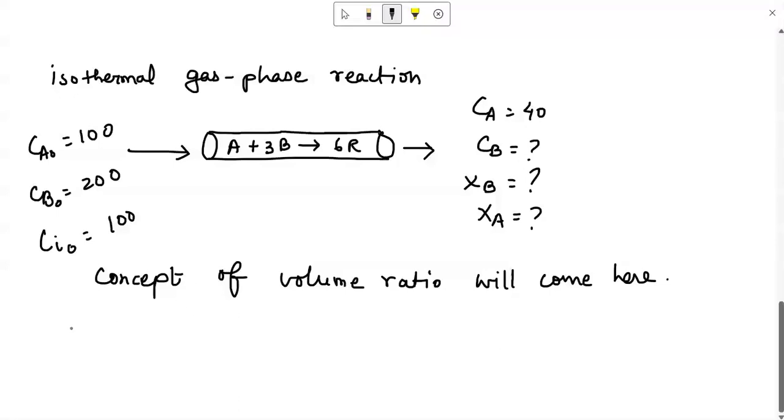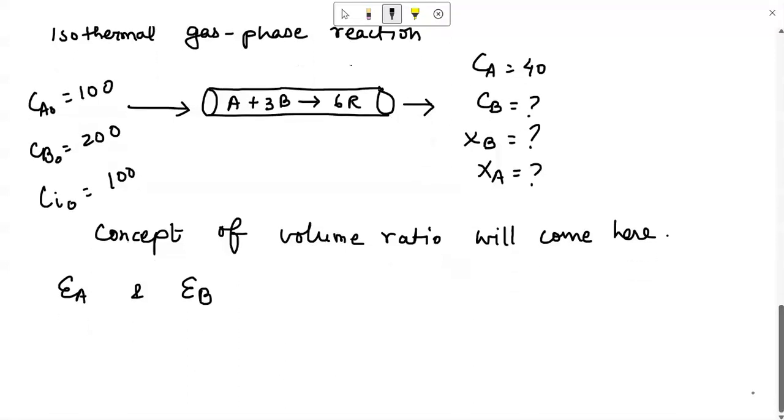We are going to find epsilon A and epsilon B first. The volume ratio is signified as epsilon with the subscript related to the participating species. For that we are going to choose one of the constituents, so I am choosing A. On the basis of A I am going to calculate.